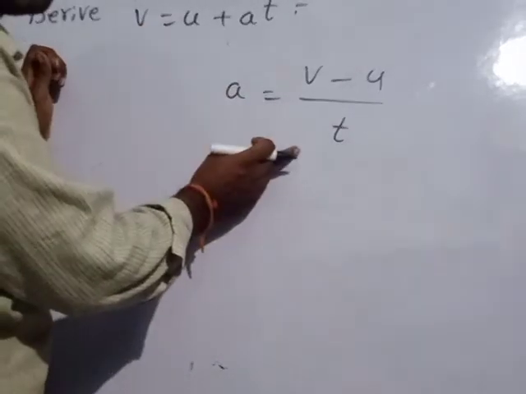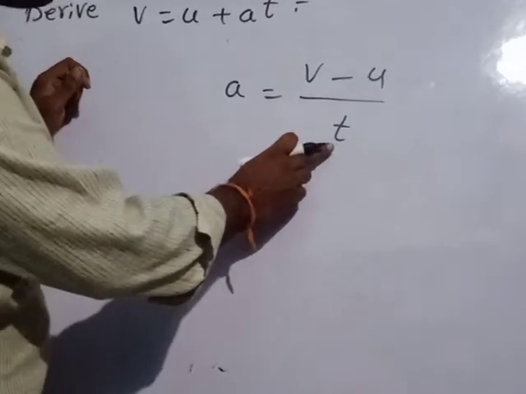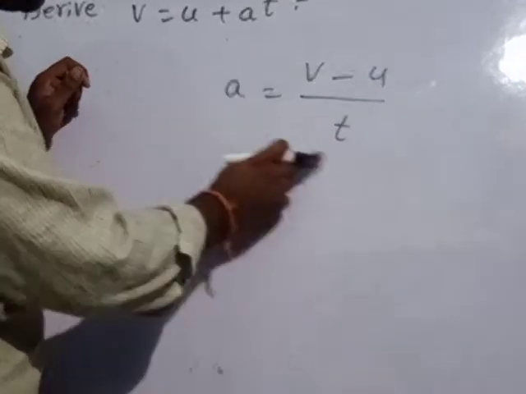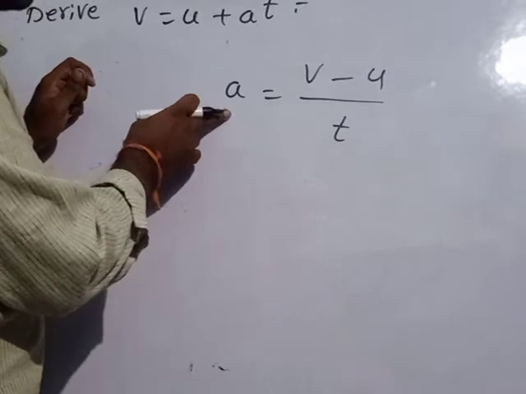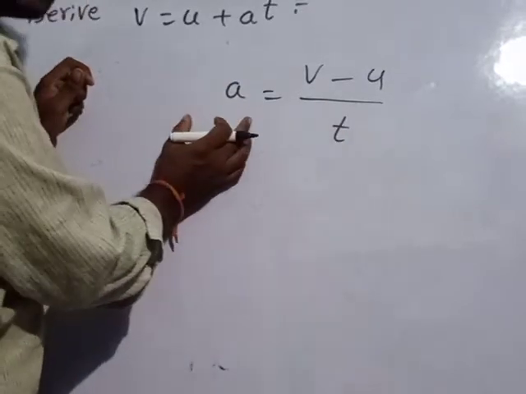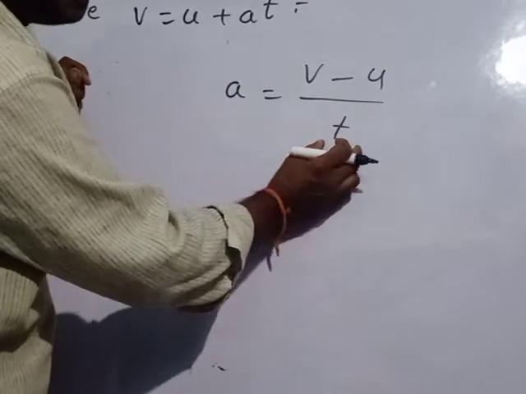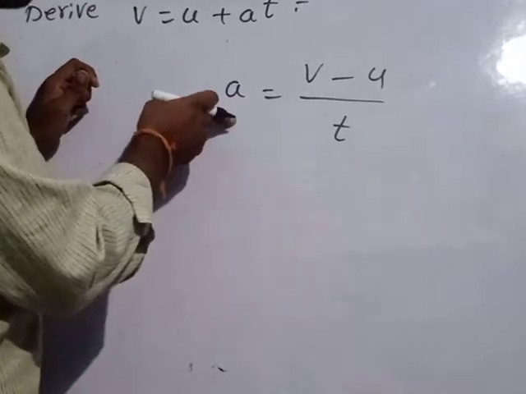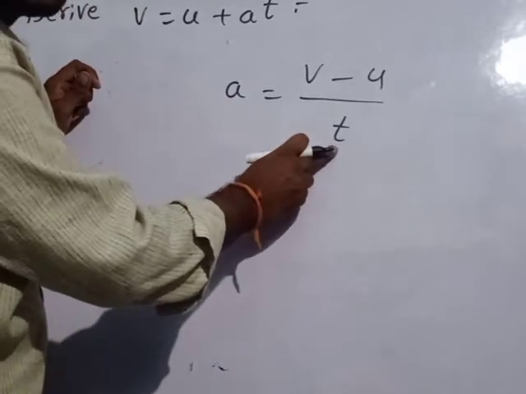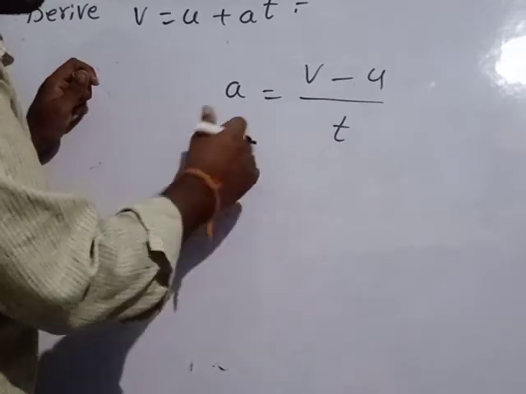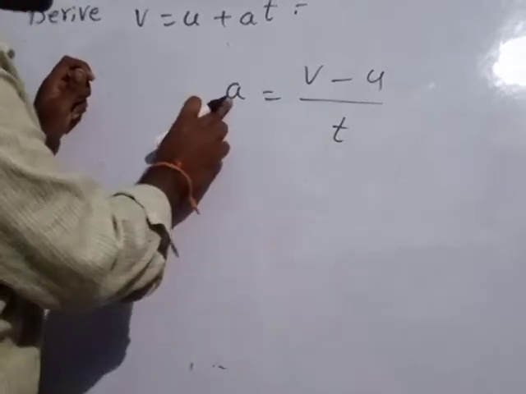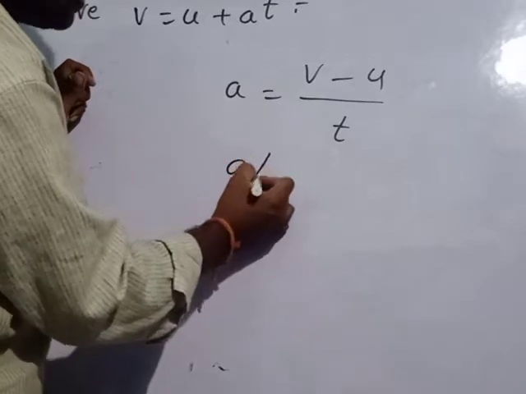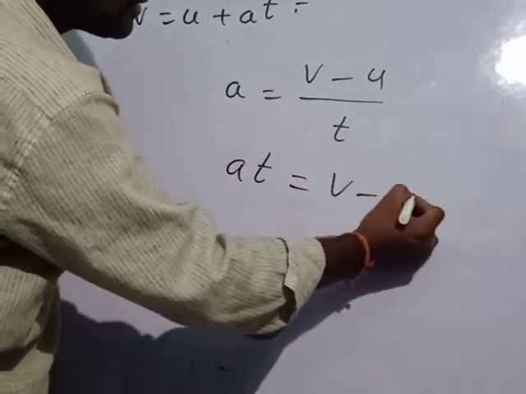Here transpose T to the LHS side. This is the RHS side, this is the LHS side. The time T is transposed to the LHS. It becomes a multiplication, because here it is division. So division transferred becomes multiplication. So A into T, AT is equal to V minus U.